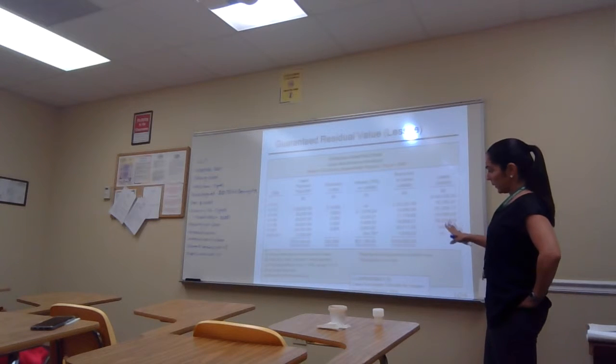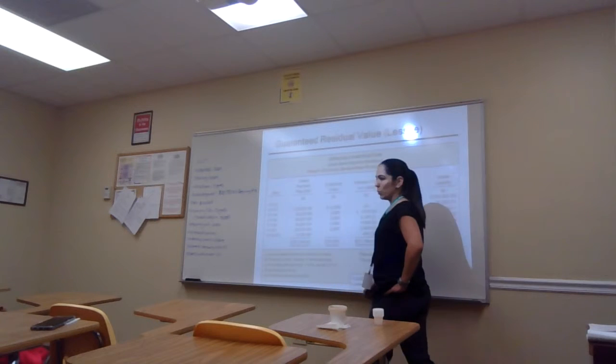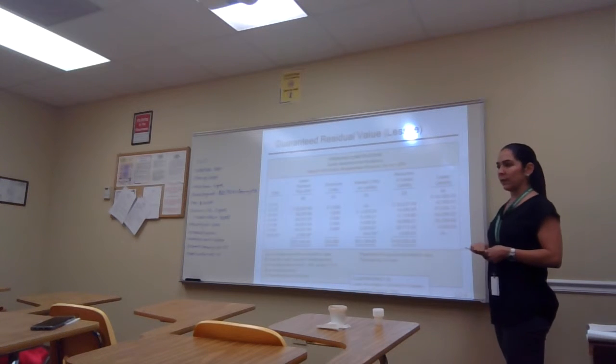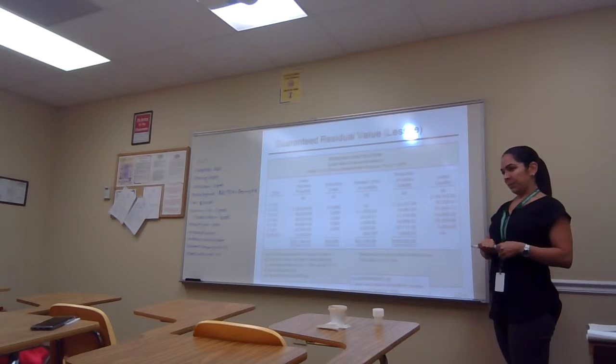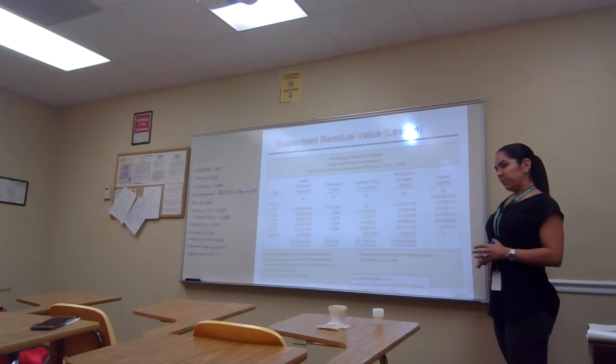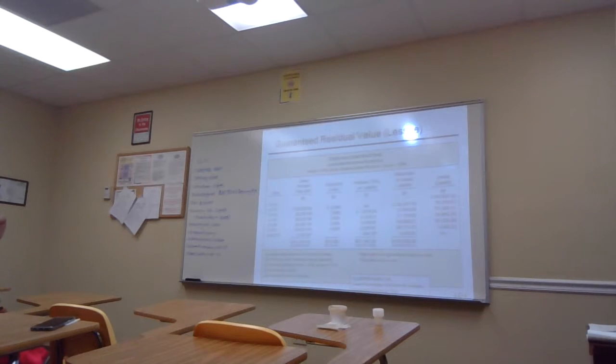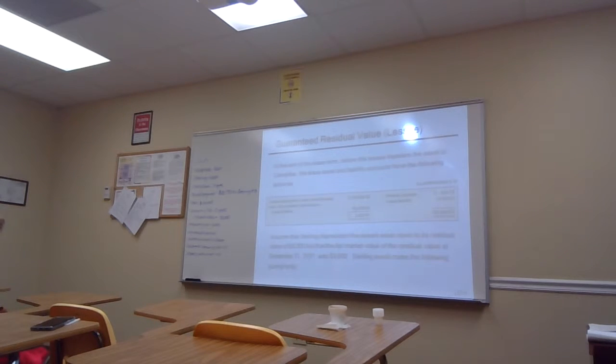The difference between this and the problem we had done before is that now our payments are greater because we needed to include the residual value because it was guaranteed. So the lessee guaranteed that they were going to pay that residual value. So this is just for presentation purposes.